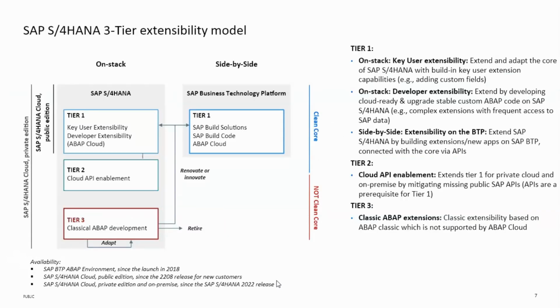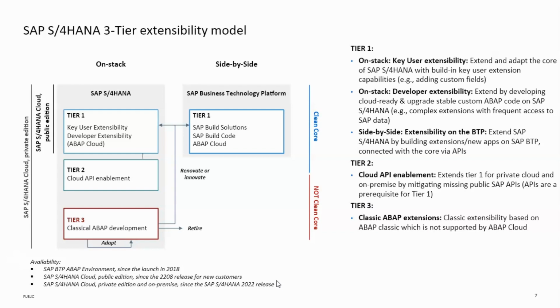So we've got this S/4HANA 3-tier extensibility model. Let's start with tier 3, because tier 3 is where we have the classic ABAP development. The classic extensibility based on ABAP Classic is not supported by ABAP Cloud, so whatever extensibilities we would have done in the past are not supported here.